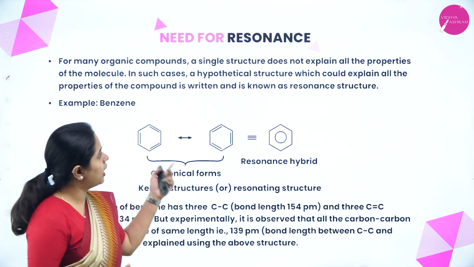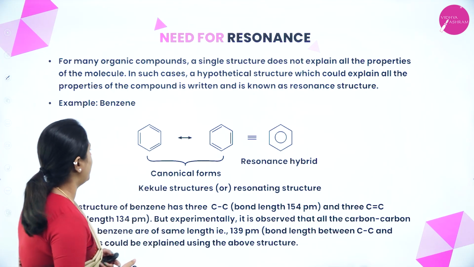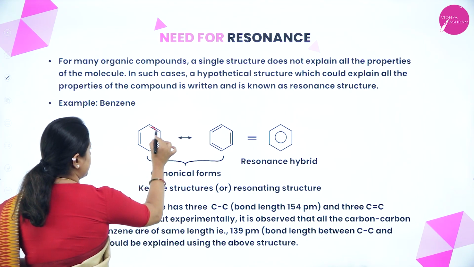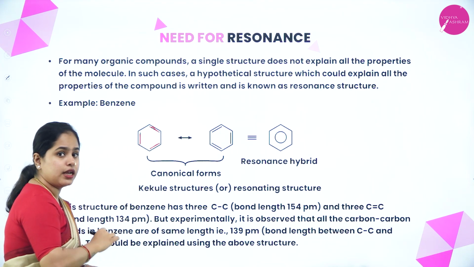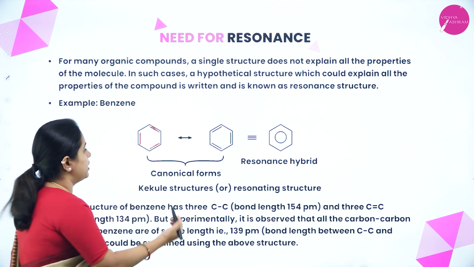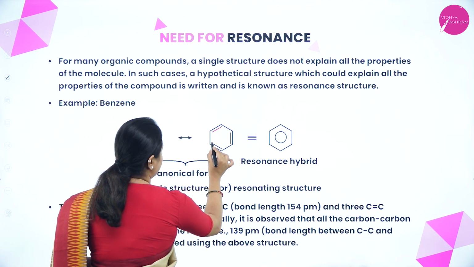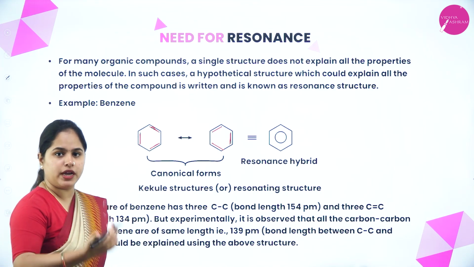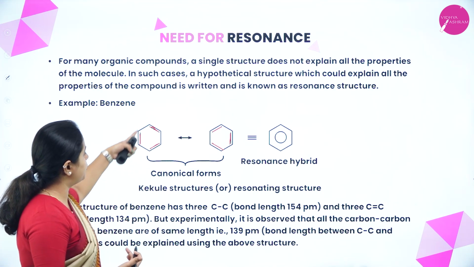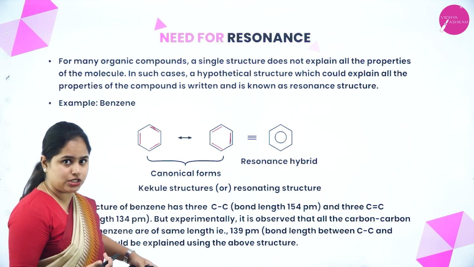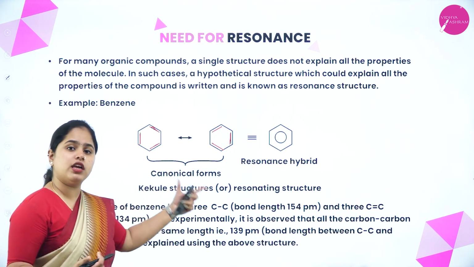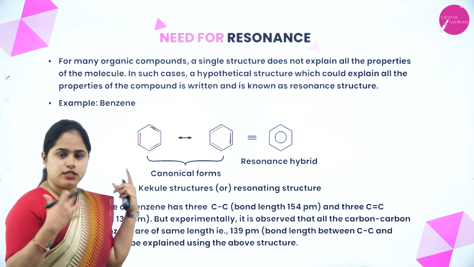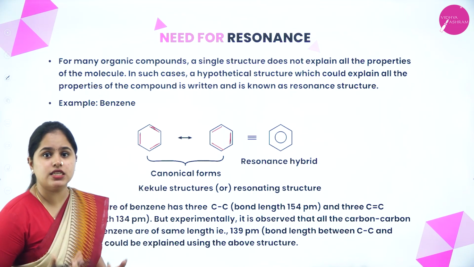Right. Now, let's take the example of benzene itself. As you can see here, in benzene the double bonds are present here, here and here. In another canonical form of benzene, the double bonds can come here, here and here. There is a continuous delocalization of pi electrons. That means the position of these pi electrons can continuously change. So, none of these canonical forms is the actual structure. To gather all these structures together, we use the resonance hybrid.